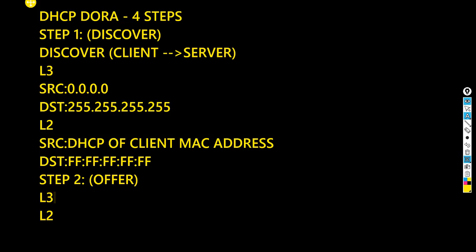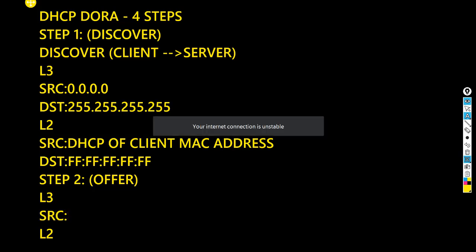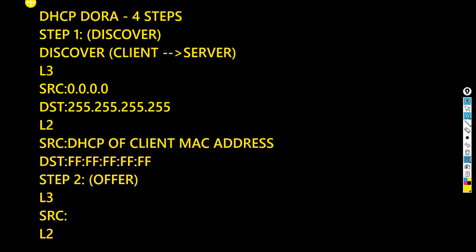From the L3 point of view, the source will be nothing but the DHCP server IP address. Whichever server is acting as DHCP will add its own IP.